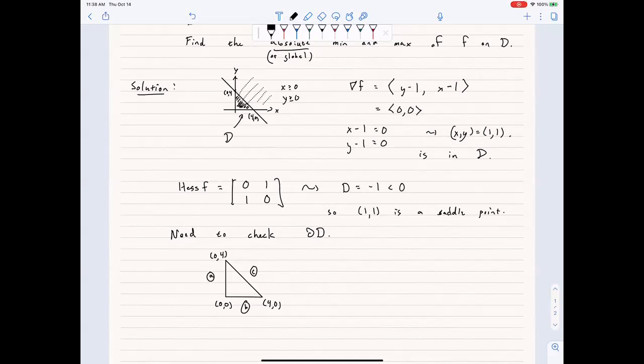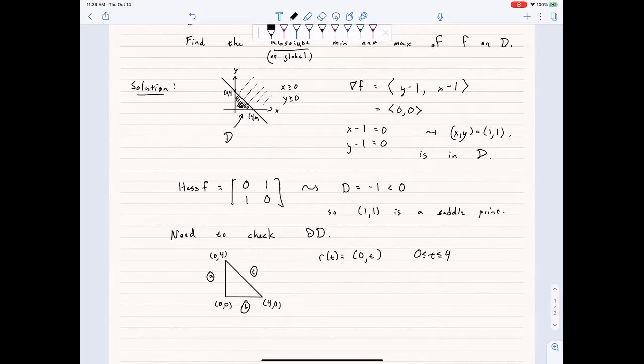We can get a simple parameter. So how do we parametrize this side A? Well, we see that the x-coordinate is staying at 0 for the whole thing, and y is varying from 0 to 4. So we can just give a parametrization r of t equaling (0, t), t from 0 to 4. That will parametrize that side.